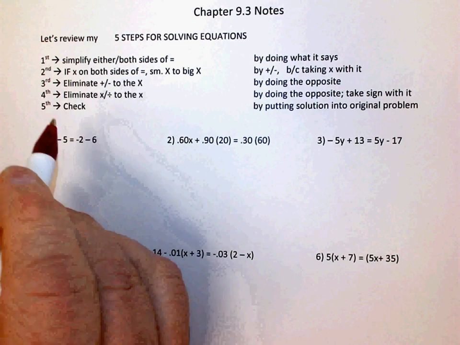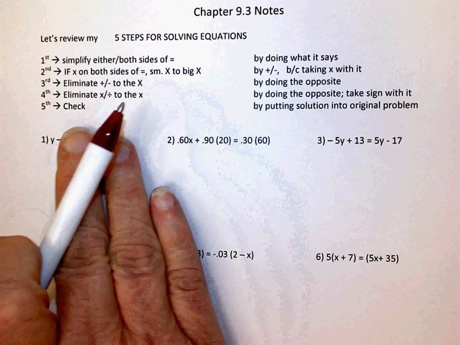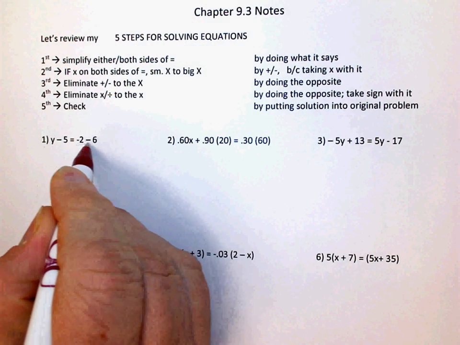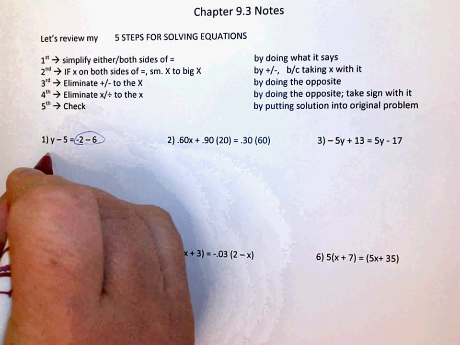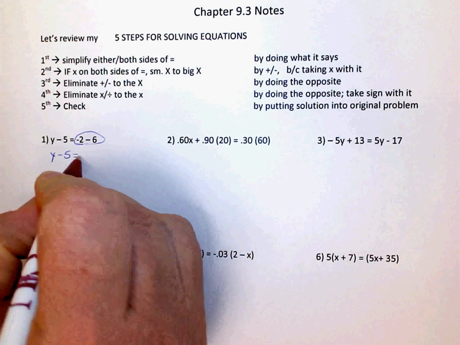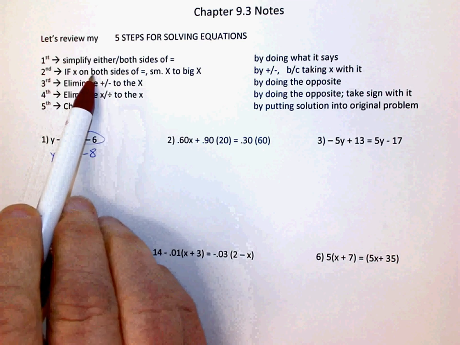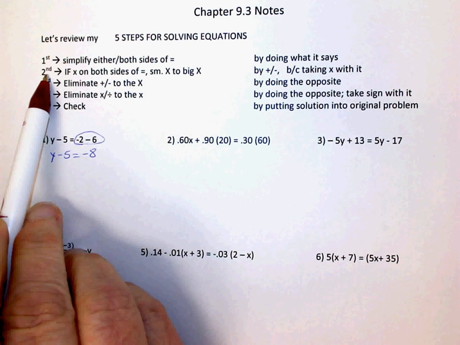Now, number 1, simplify either or both sides of equals. That side I can't simplify, but this side I can. If I owe 2 and I owe 6, then I owe 8. Is there a y on both sides? No, so I can ignore step 2.